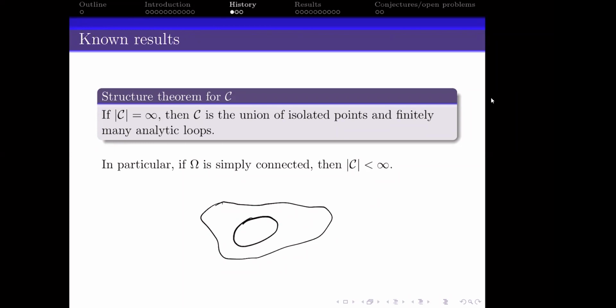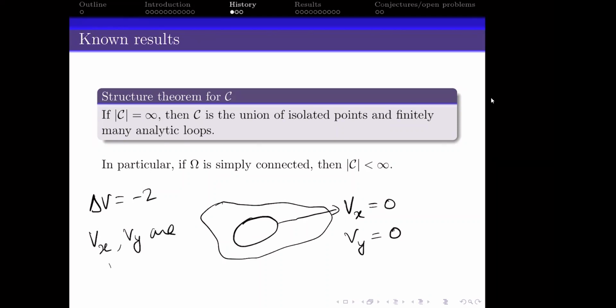How can it happen? Because if the gradient is vanishing, that means Vx should be 0, Vy should be 0, right? But remember, Laplacian V is -2. So if you differentiate this once and take the Laplacian of Vx, you see that it will be 0.